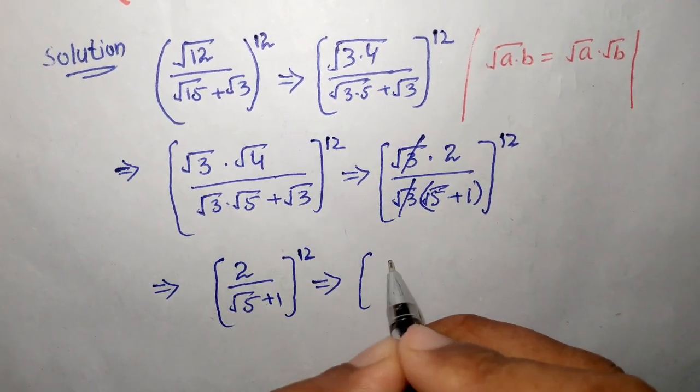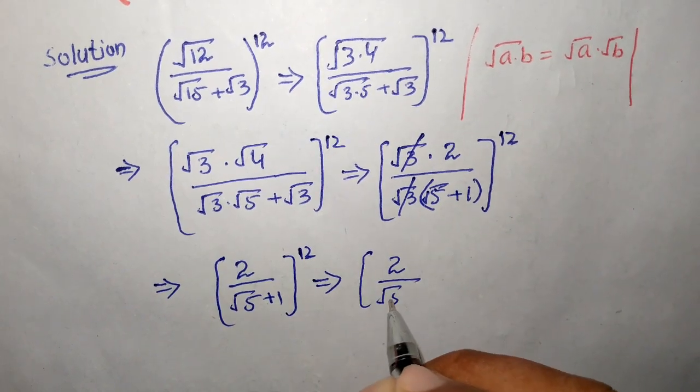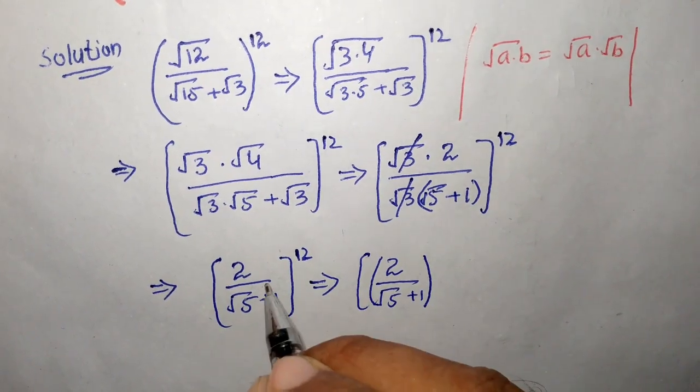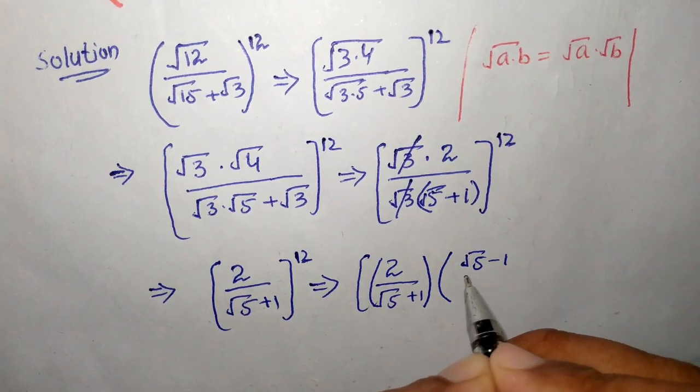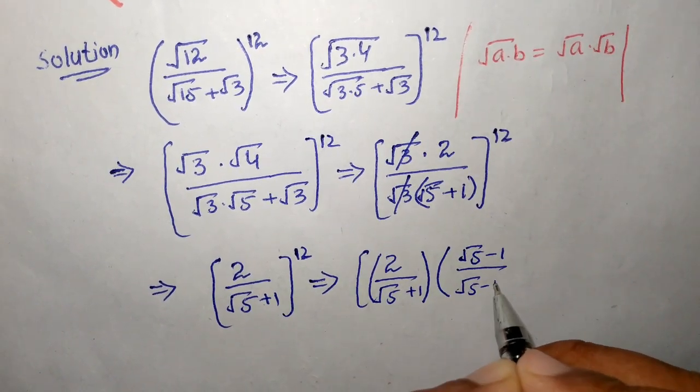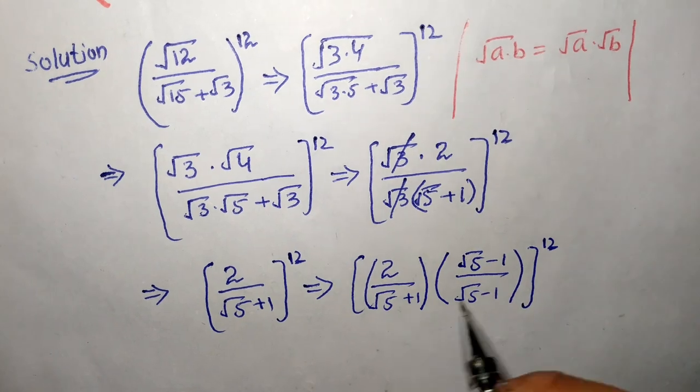2 over the square root of 5 plus 1. We have to multiply this by the square root of 5 minus 1 over the square root of 5 minus 1, to the whole power of 12.